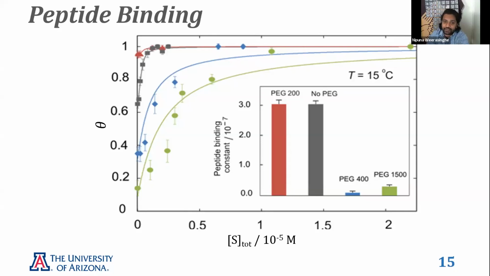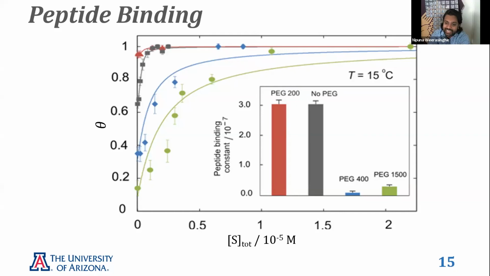What we observe is that the small osmolyte doesn't have any effect on the binding affinity of the G protein to the M2 state. However, large osmolytes decrease the binding affinity of the peptide.